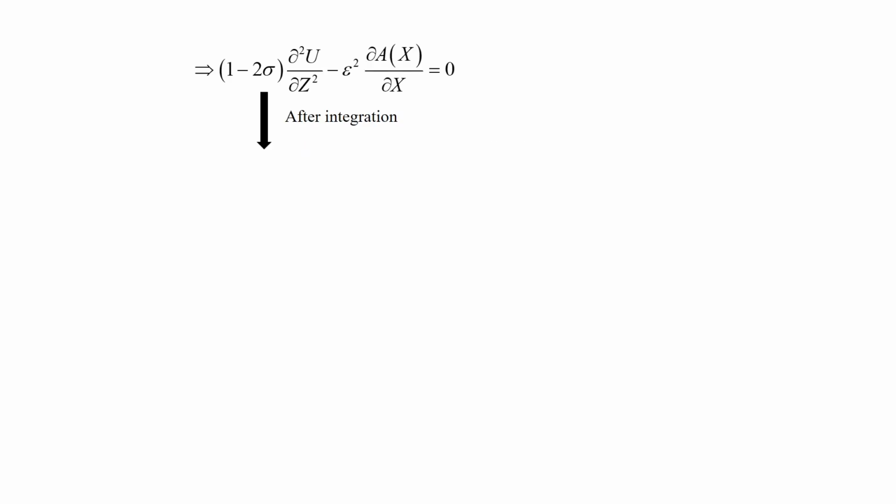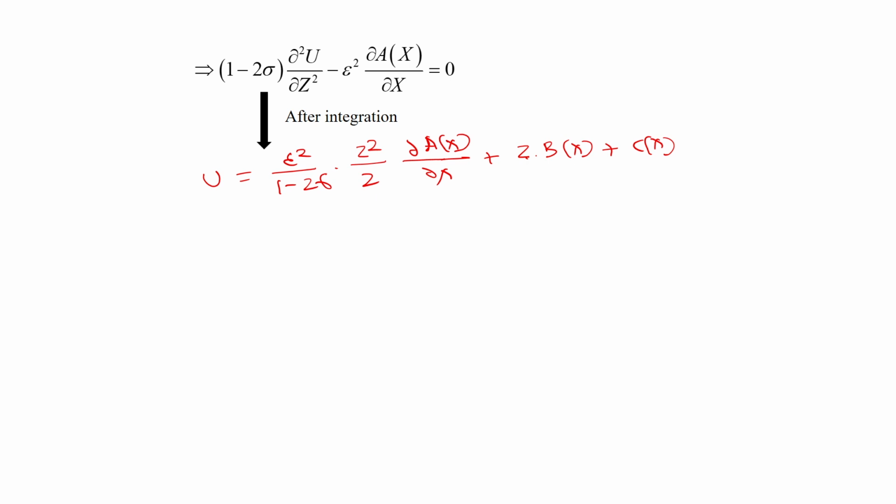So, let us now integrate this equation and we will get u is equal to epsilon square by 1 minus 2 sigma, and z square by 2 into del a by del x, this is a double integration that we are doing, plus z into b of x plus c of x.